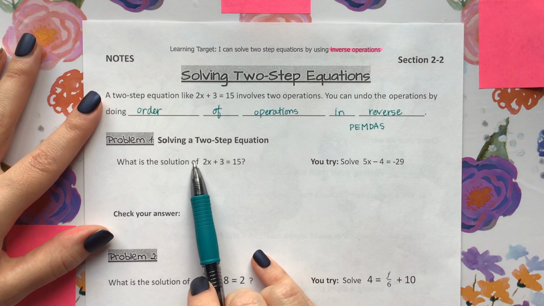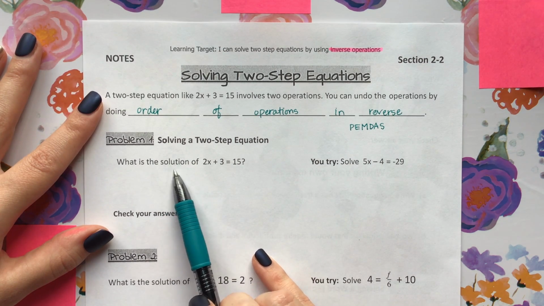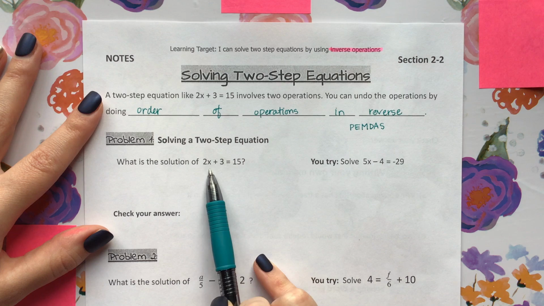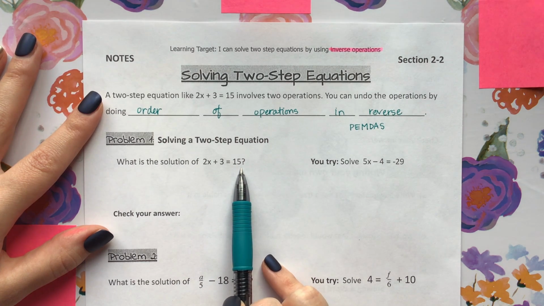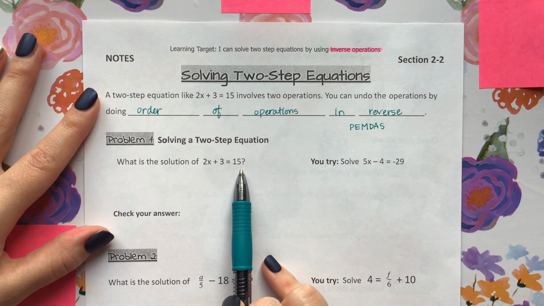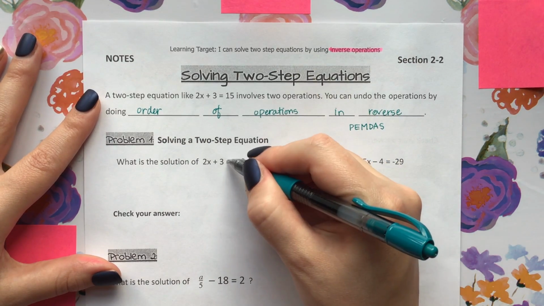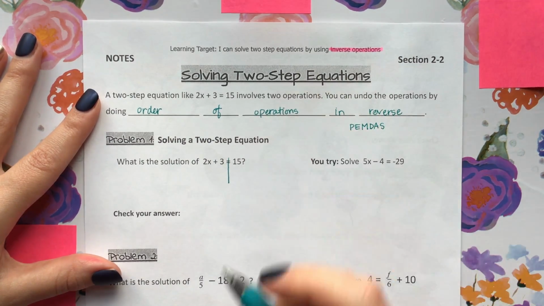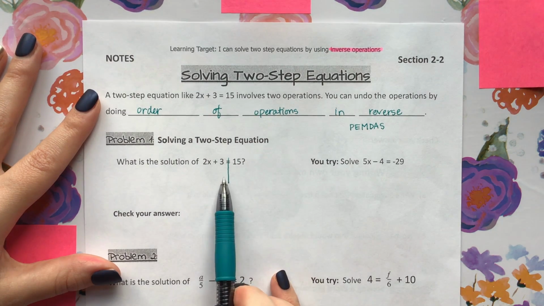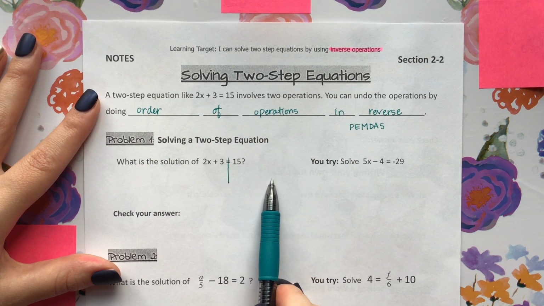Here we have our first example: what is the solution of 2x plus 3 is equal to 15? The rule we talked about a couple days ago still applies: whatever you do to one side of the equation, you do to the other. I'm going to draw a line where my equal sign is, so you can see my left side and my right side.